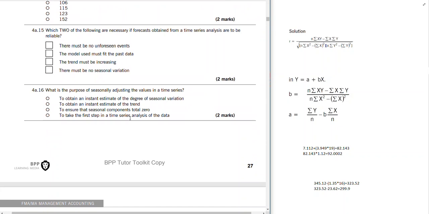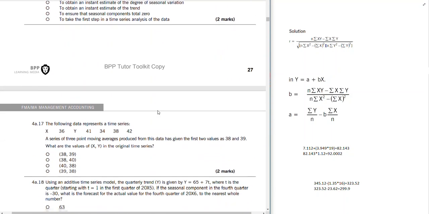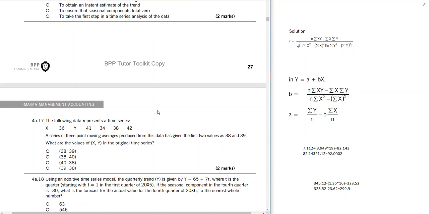Even if there is seasonal variation, we can still predict. The model used must fit the past data. So this is the only one that is left to be correct. So what we are basically doing in seasonal variation, we are taking the past data and using that to predict the future.